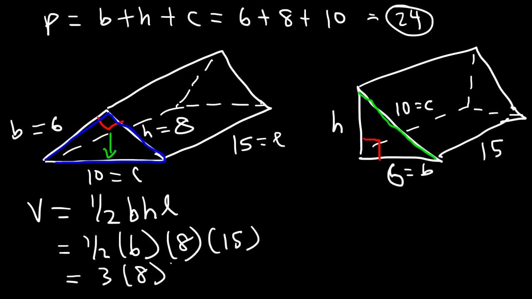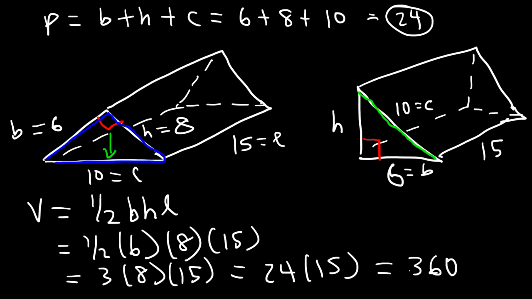So we have 3 times 8 times 15. And 3 times 8 is 24. And 24 times 15, if I recall correctly, I believe that's 360 is what we said before. So it's 360 cubic units, whatever the units are, which I didn't write for this problem. So that's the volume of this prism.